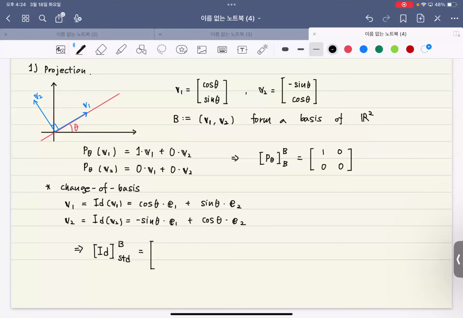And this first column is cosine, sine, because we had the cosine and sine. And the second column is minus sine and cosine. Okay. Agreed? All right.